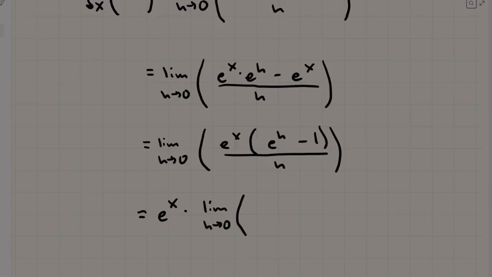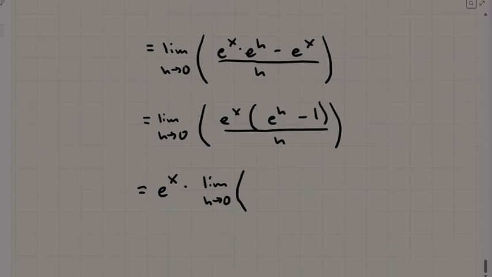They're just doing their own thing. And so this just becomes the limit as h approaches 0 of e to the h minus 1 over h. And then whatever we get for that, we just multiply it by e to the x. And so that makes the limit a little bit easier for us to obtain because now we just have one variable as opposed to two.